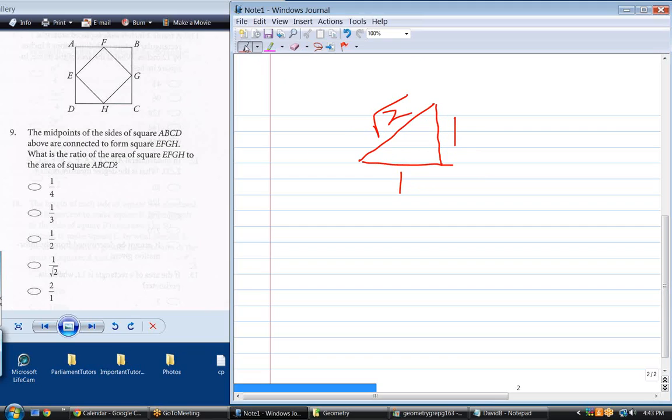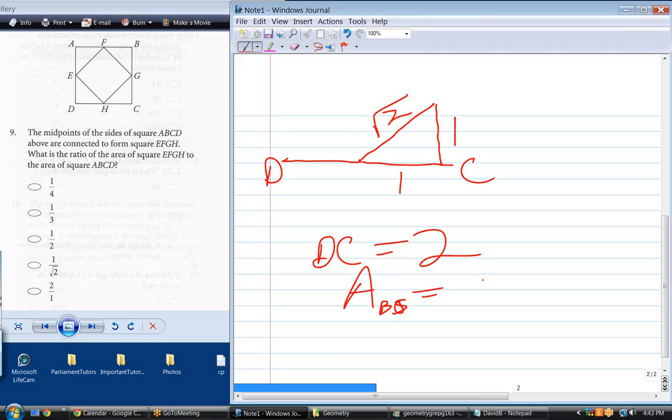So, if we look at the rest of our figure, there's D and there's C. How long is DC? 2. What's the area of the big square? Oh, sorry, 4. So the area of the big square is 4.